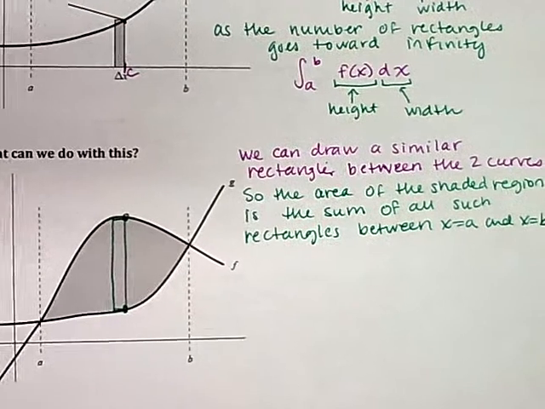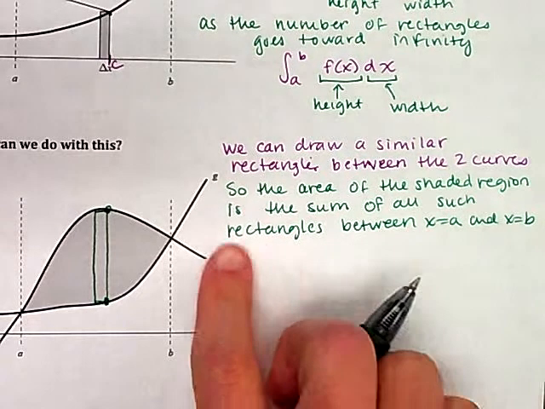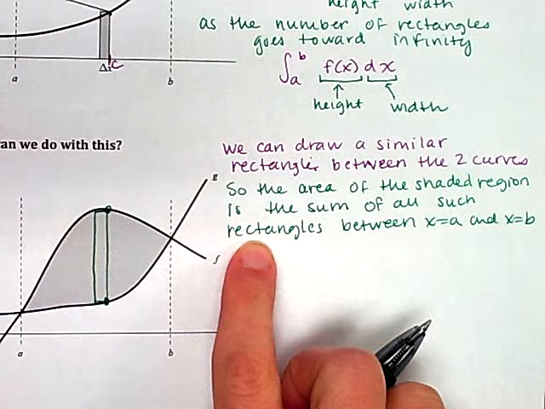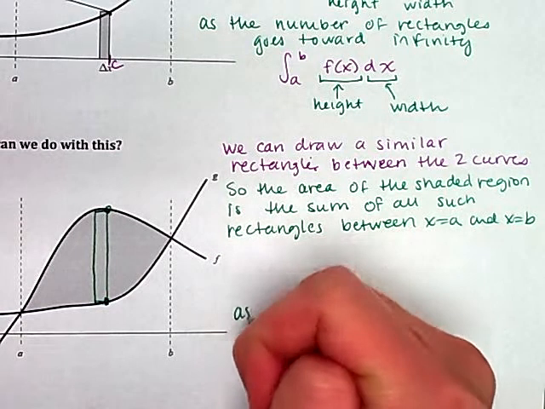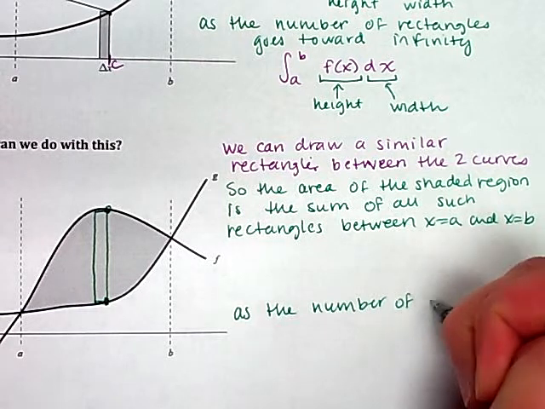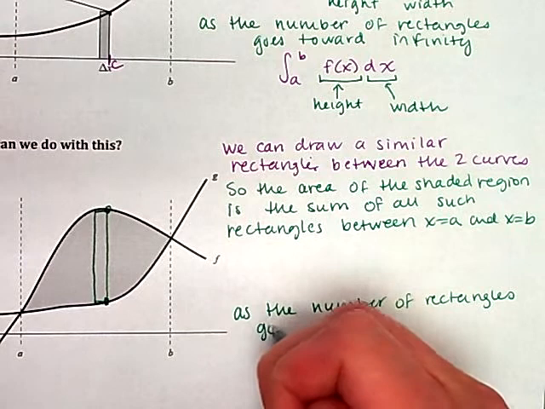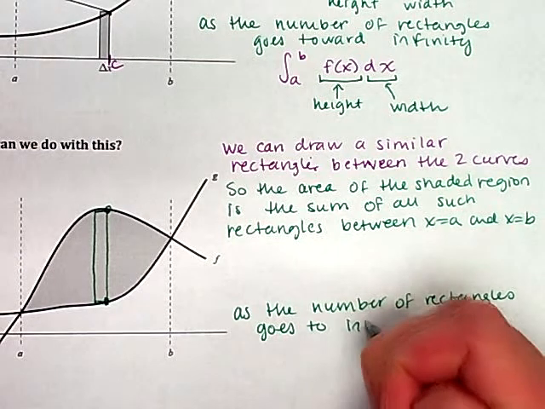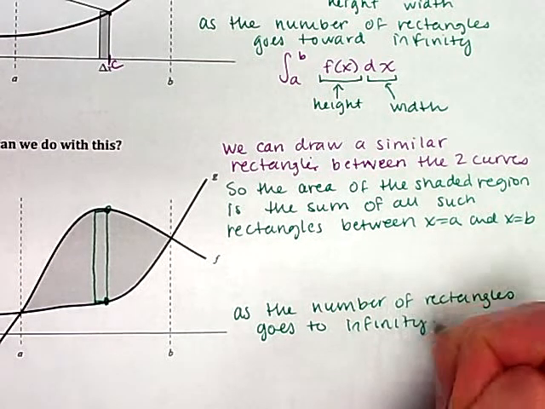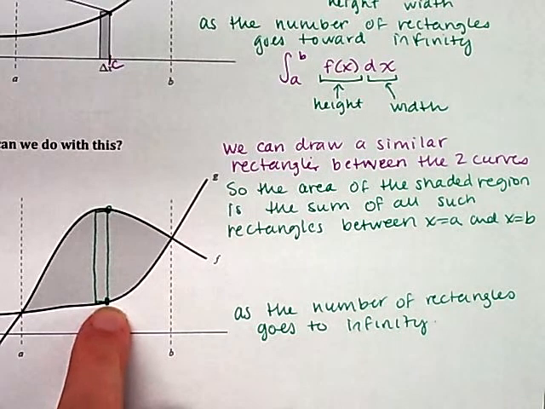And as that sum goes to infinity, we'll say as the number of rectangles goes to infinity. So now the question is, how can I define the area of one of these rectangles?